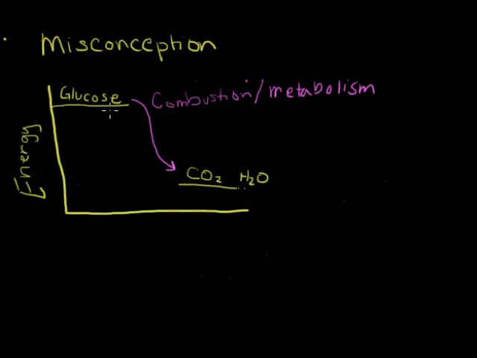Breaking apart glucose and turning that into carbon dioxide and water, the glucose bonds have more energy than the bonds in carbon dioxide and water. So overall, you're releasing energy because you're going from high energy bonds to low energy bonds and have this excess energy left over, this difference right here, right?